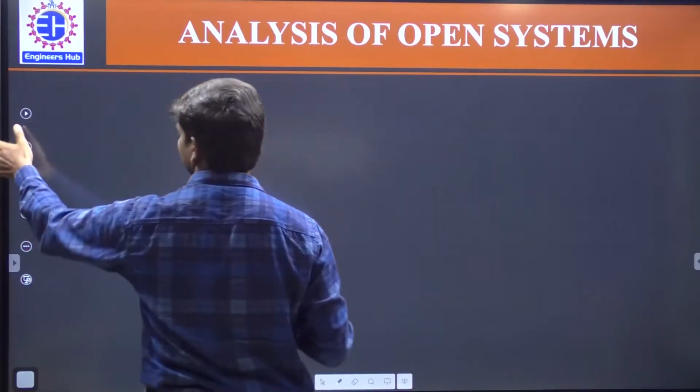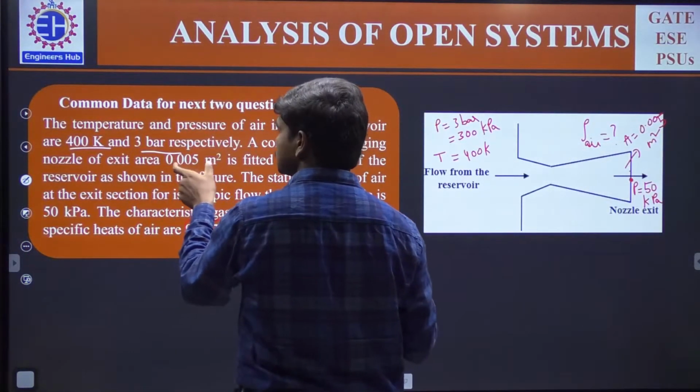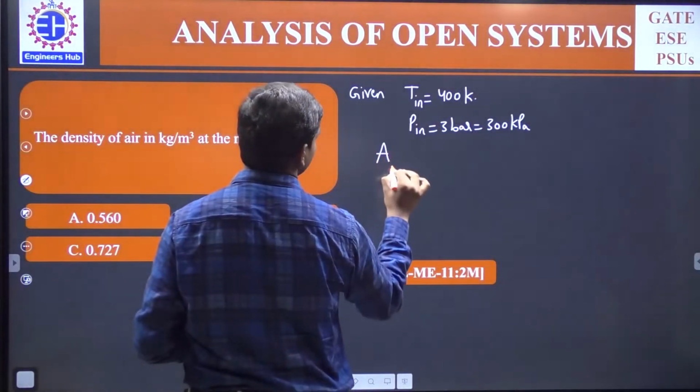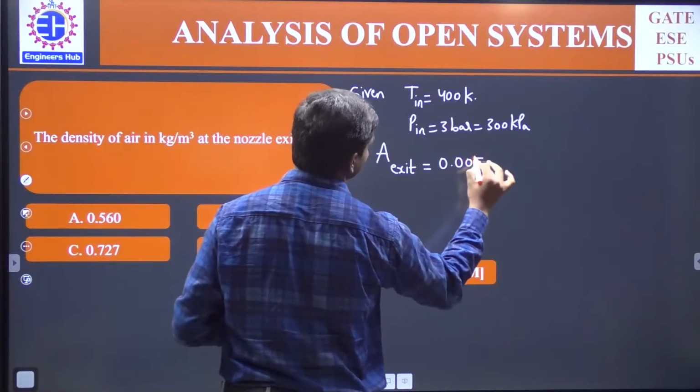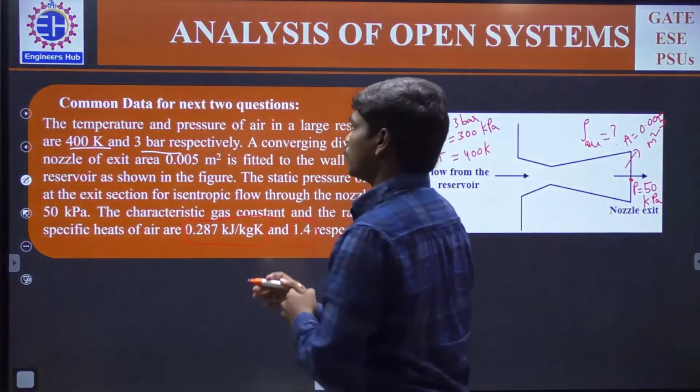Next, what did they mention? A converging diverging nozzle. Area at the exit is 0.005 meter square. So A exit is equal to 0.005 meter square.